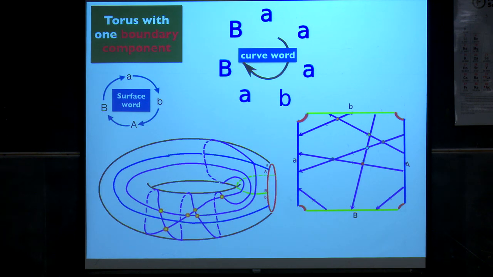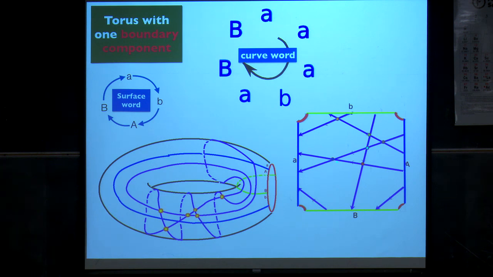This is a different animal than the surface word. Now my surface word is fixed because my surface is fixed. But every deformation class of curves can be labeled by a curve word, this ring of letters.